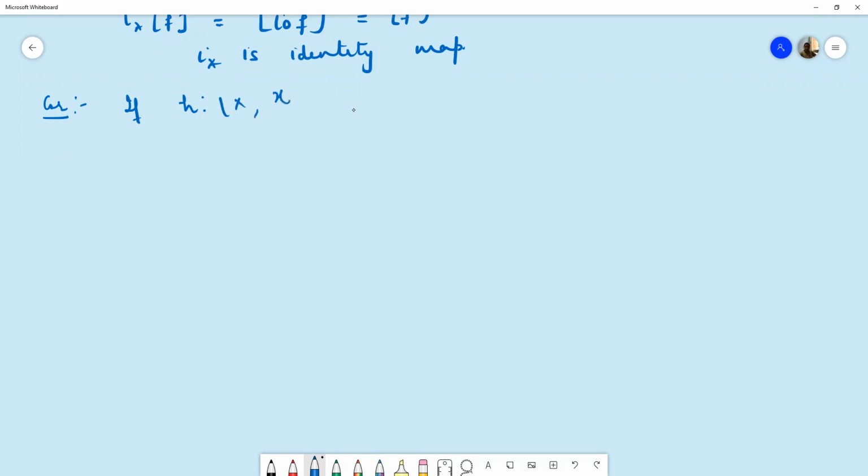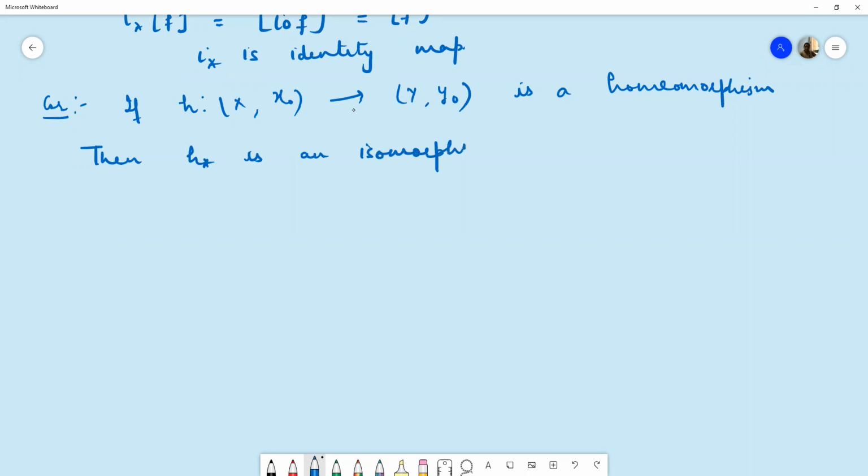If H is a homeomorphism from (X, x₀) to (Y, y₀), which takes the point x₀ to y₀, then H* is an isomorphism of the fundamental group π₁(X, x₀) with π₁(Y, y₀).